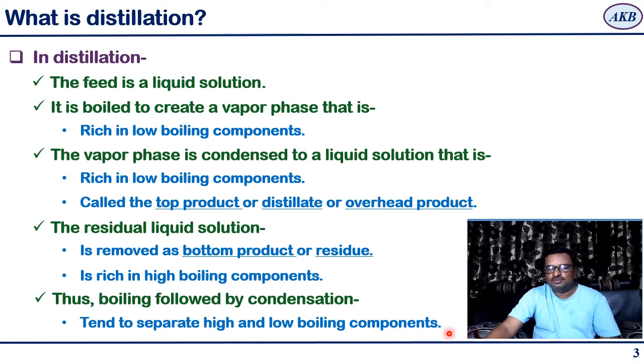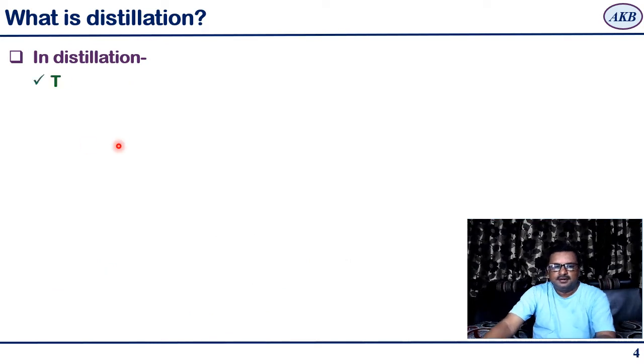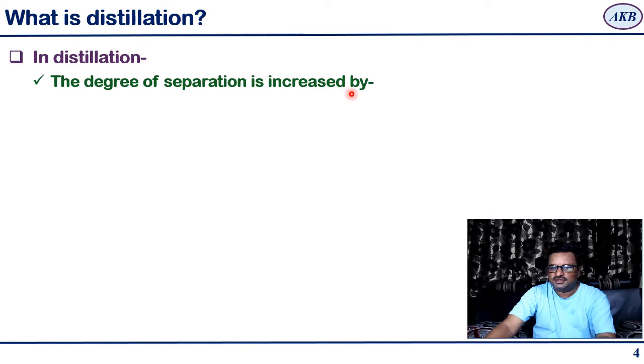Okay, now if we just boil once and condense once, it will result in limited separation. So you can increase the degree of separation. How to increase the degree of separation? Let us understand. The degree of separation is increased by repetitive boiling and condensation.